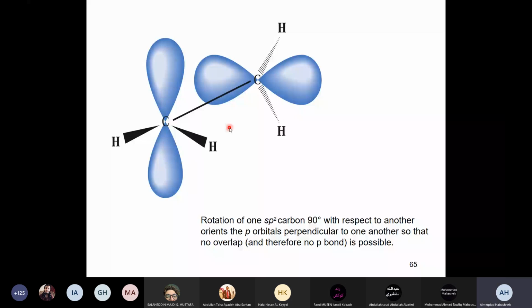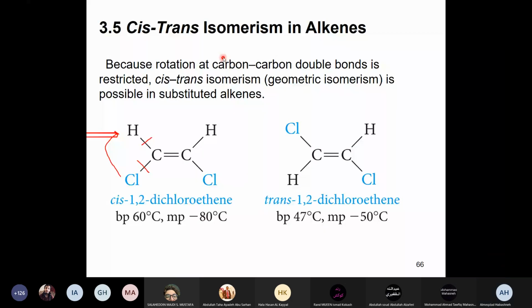لذلك ما فيش rotation about the double bond, so there's no conformation about the double bond. ما في عندي conformation إطلاقا. So the stereoisomerism about the double bond is only one type, which is called configurational cis-trans.